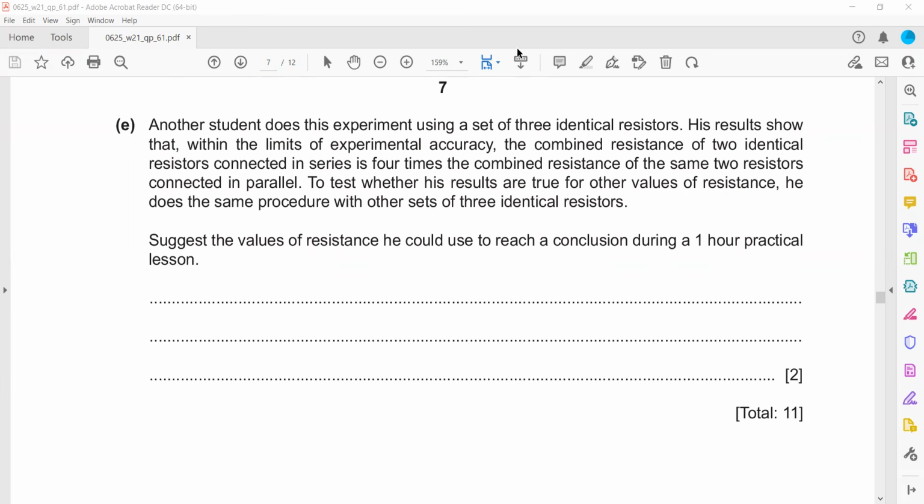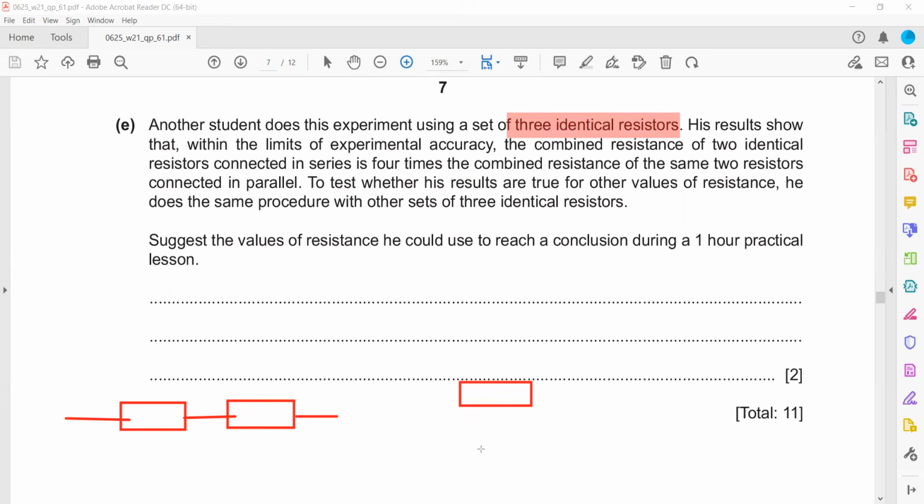Look, what happened? There is another student and he has 3 identical resistors. His result shows that, within the limit of experimental accuracy, the combined resistance of 2 identical resistors in series, like he changed the arrangement, is 4 times the combined resistance of the same 2 resistors in parallel.